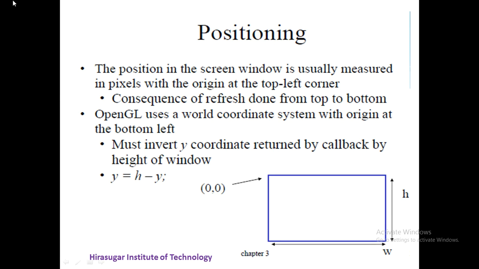But y is different: in the operating system, y increases downward, and in OpenGL, y increases upward. For OpenGL, y is 0 here; for the operating system, y is 0 here. That is the problem, so you have to do the adjustment. For example, you have pressed the mouse here.